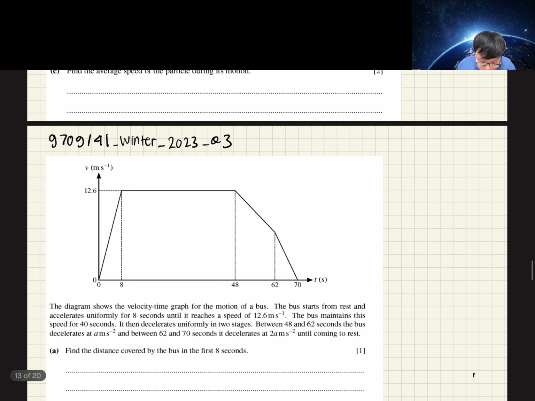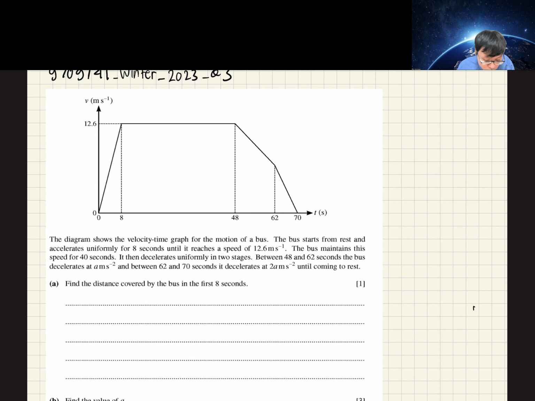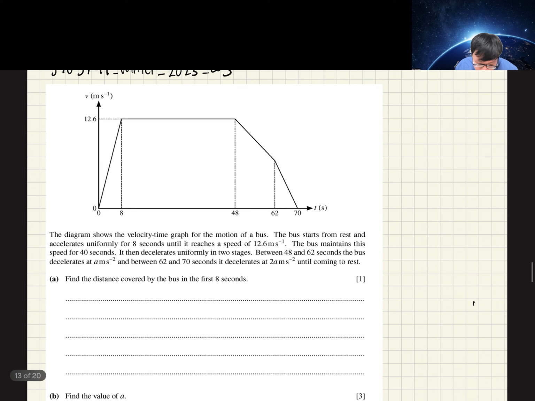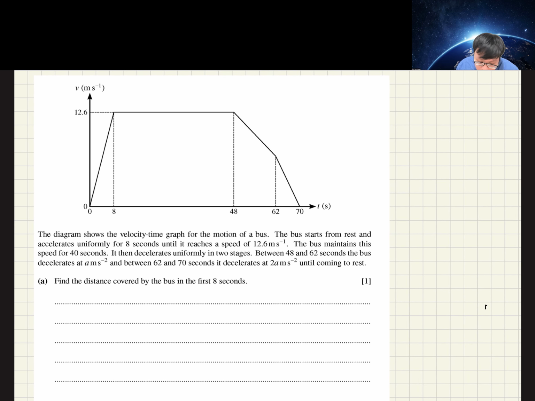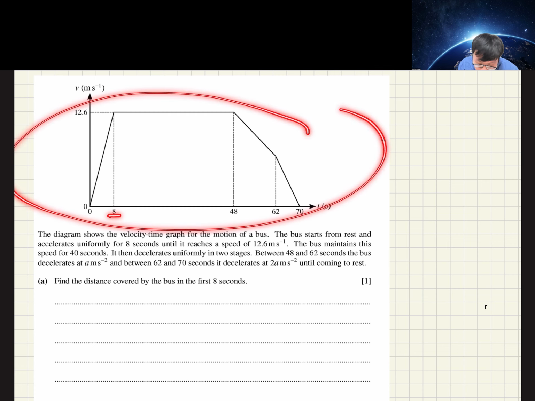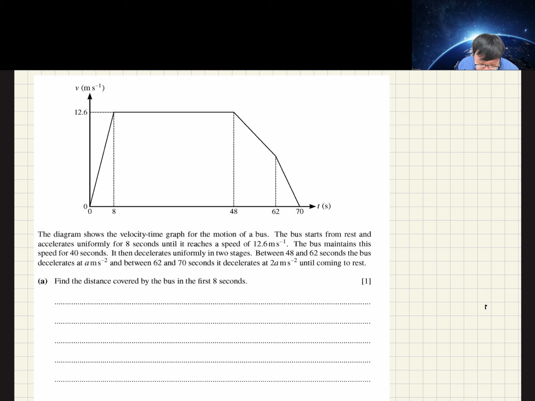Now, move on to the next question. Now we have the velocity-time graph. So let's see how we solve this question. This is the time, this is the velocity, and the key information we have to know is that it decelerates uniformly in two stages.